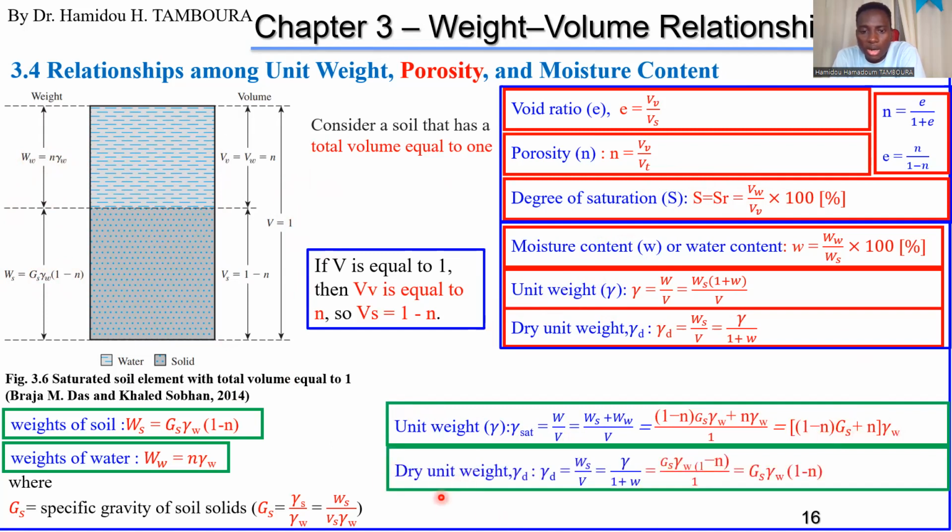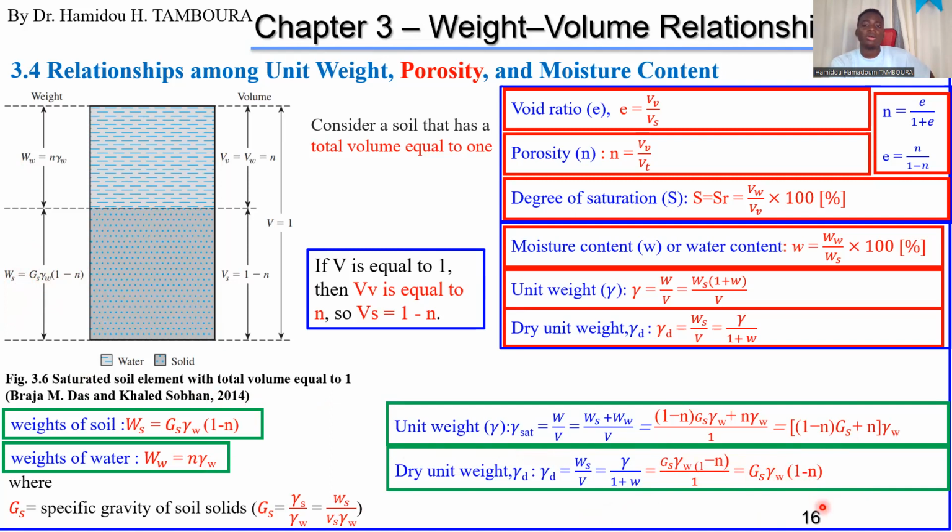And dry unit weight means only the solid phase we have. So the weight of the solid phase, because the weight of air is not included, we can neglect that. By neglecting that, we can consider only the weight of solid divided by 1.